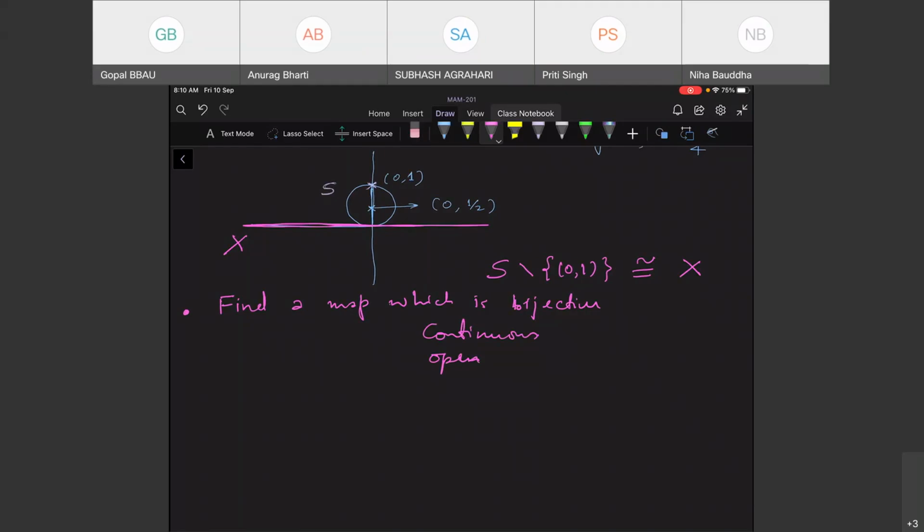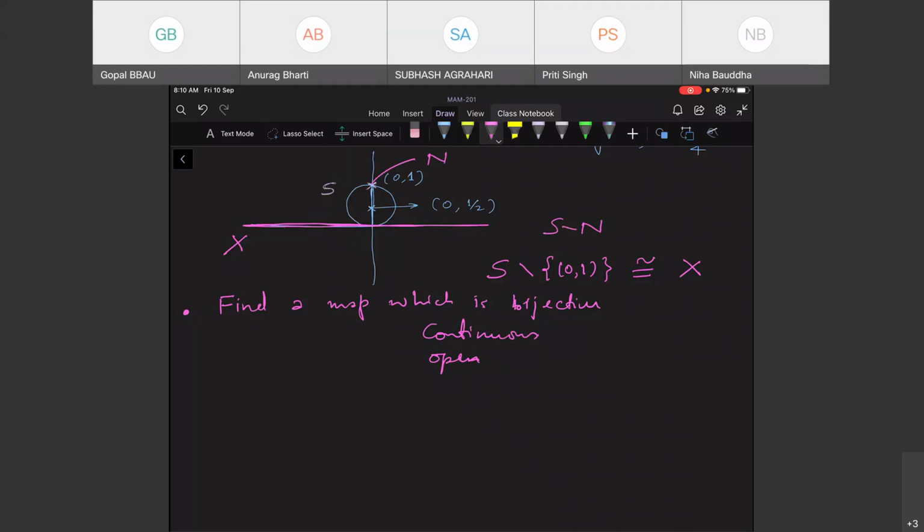This is what you wanted to prove. So first of all, we have to find a function which maps S minus (0, 1), call this point N, so this is S minus N. So there exists a bijection from S minus N to X. This is what we want at first.